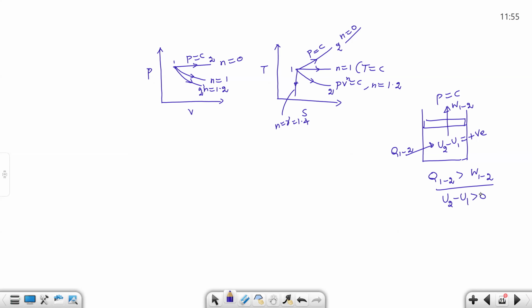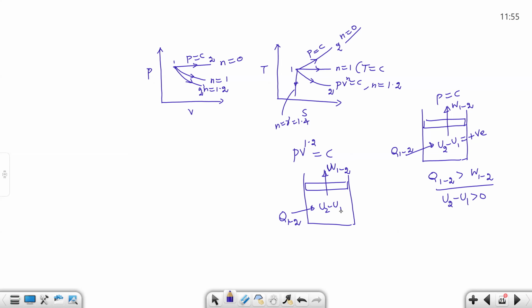Whereas for the polytropic process, PV power 1.2 constant, what we have seen: there is a work transfer, there will be a heat transfer, there is an internal energy change. Now you see 1 to 2, the temperature is reducing.